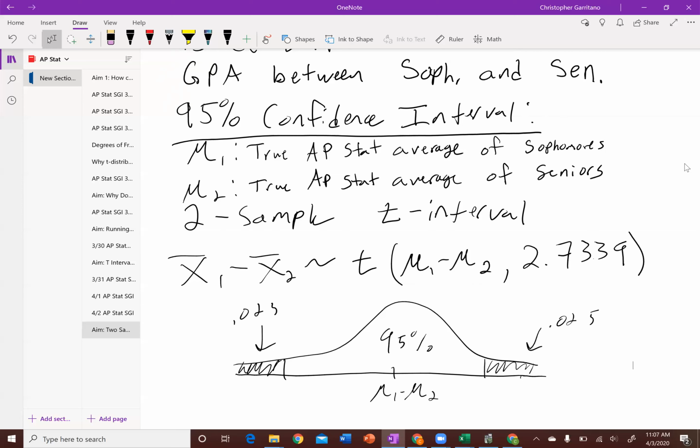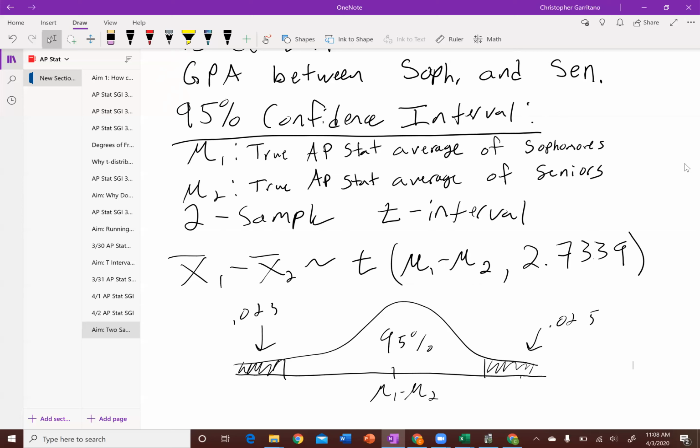So real quick, the plan, justify, show, summarize stages would be required if you're doing your own confidence interval problem. But since we already went through those stages for the hypothesis test, I'm just going to highlight what would be different between those stages.